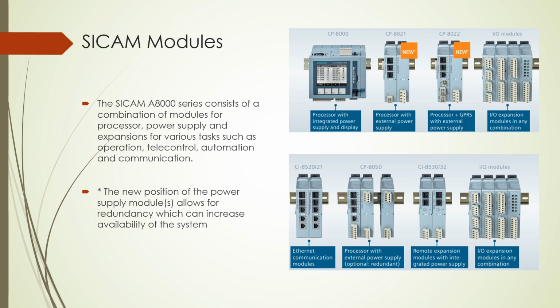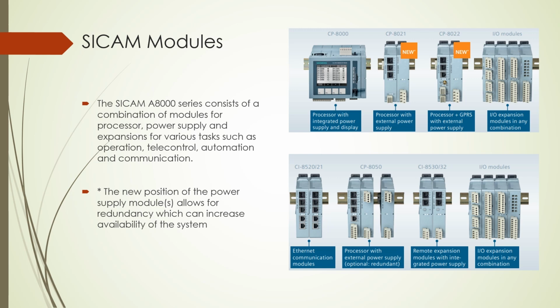Now we'll talk about the CI modules. There are CI8520 and 21. These are the Ethernet communication modules where the user is able to configure the communication protocol interfaces. These modules support up to 5 ports.